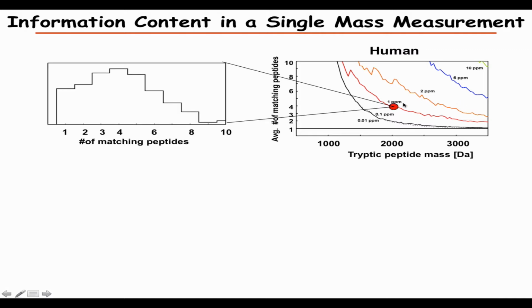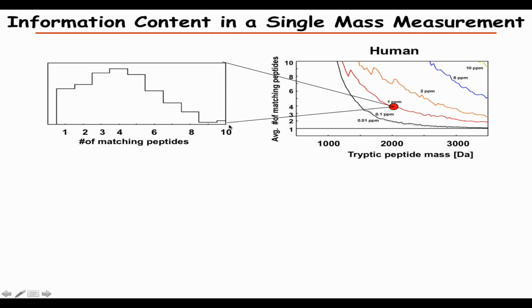For example, at 1 ppm and at a mass of 2000, there are about 4 peptides on average that match that. So just by measuring one peptide mass, we go from hundreds of thousands of proteins down to a single one in human.